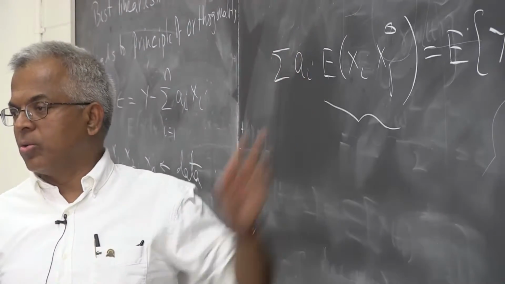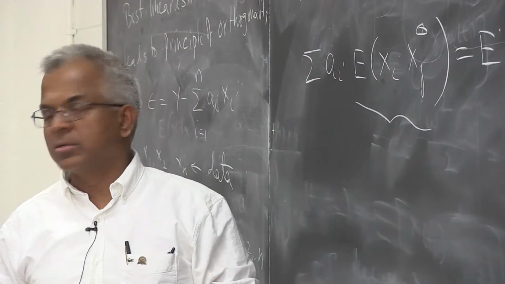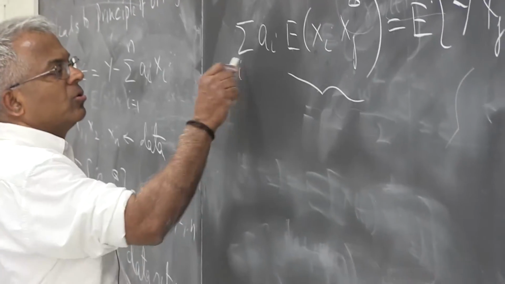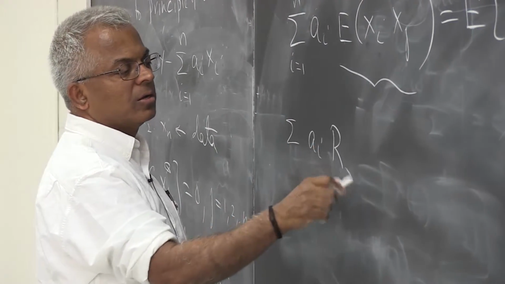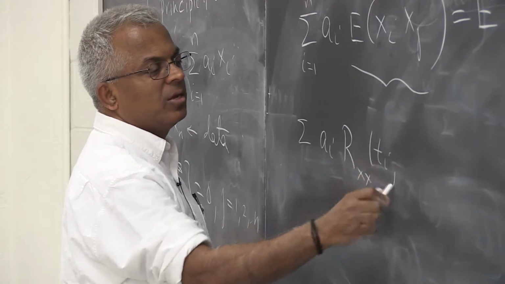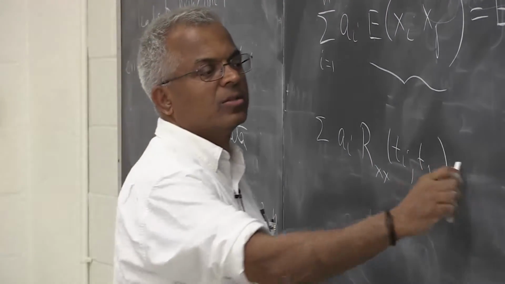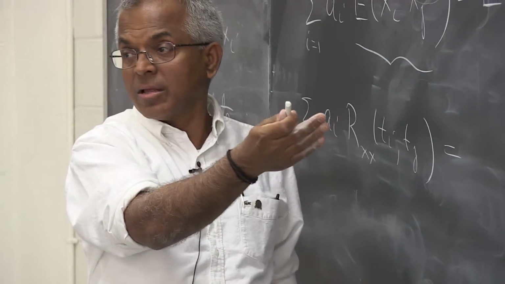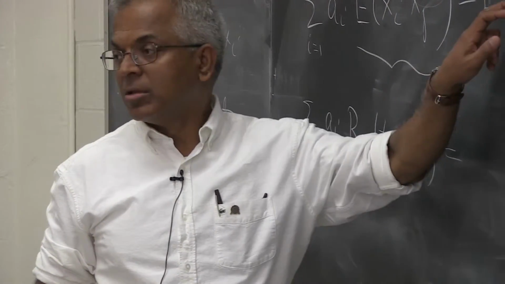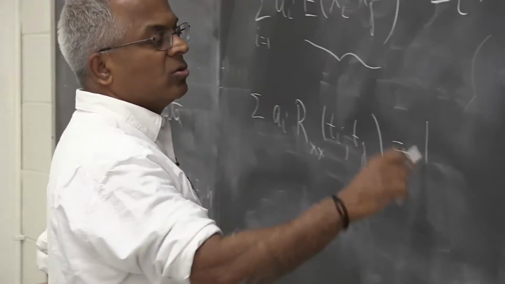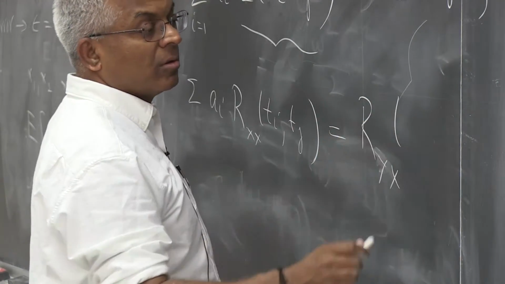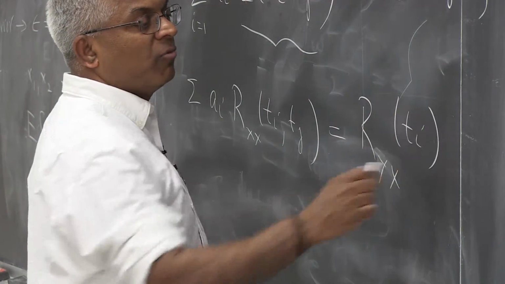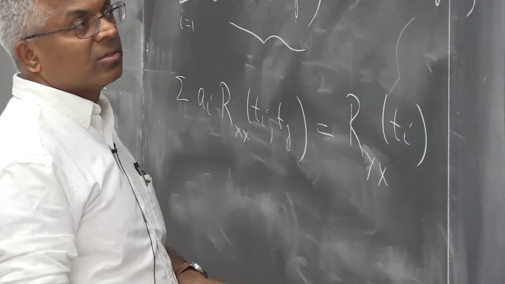Autocorrelation. See again, autocorrelation is coming into estimation. So i equal to 1 through n. So this is r_xx, let's say of (t_i, t_j), and what is on the right side? This is what? Cross correlation. So this is r_yx. Let's say for the time being I'll denote it like this.